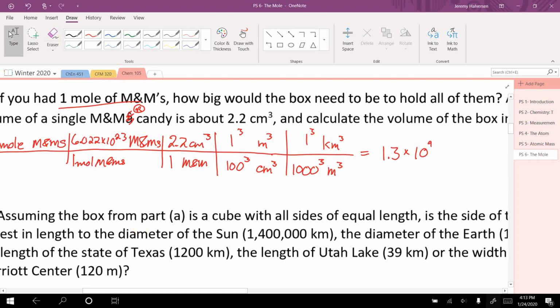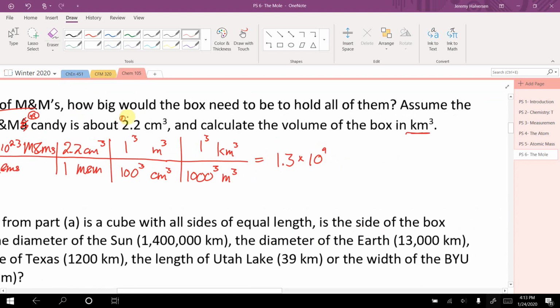I'm taking this to mean that you had exactly 1 mole of M&Ms, which is why I'm using the 2 significant figures. So 1.3 times 10 to the 9th kilometers cubed. Hopefully you recognize that is a very big box, and therefore should tell you that 1 mole is a very big number.